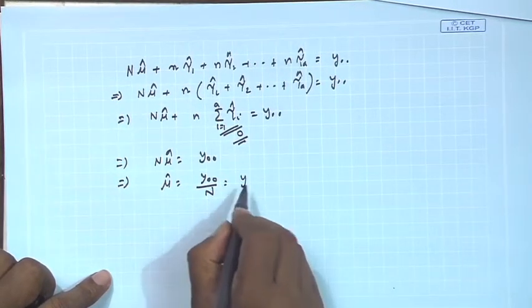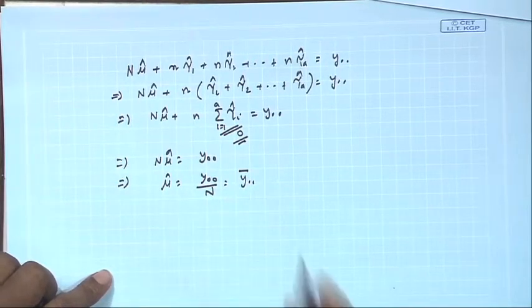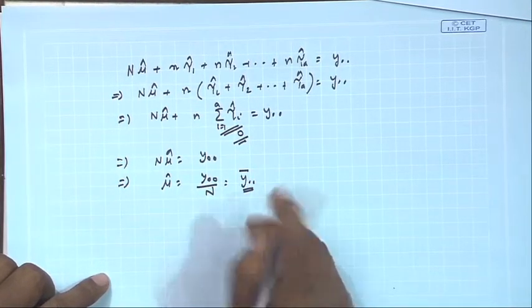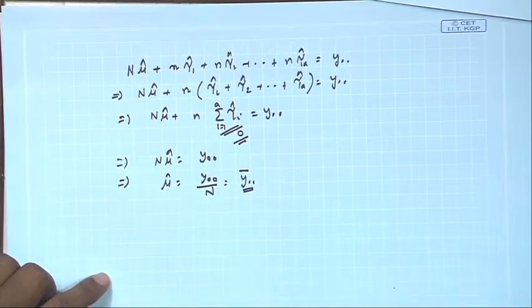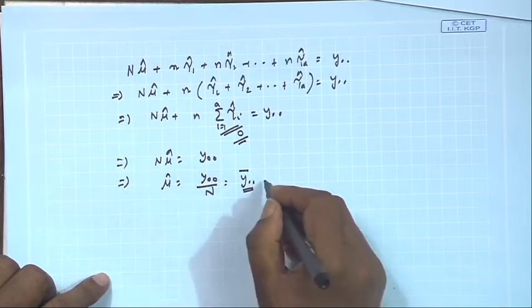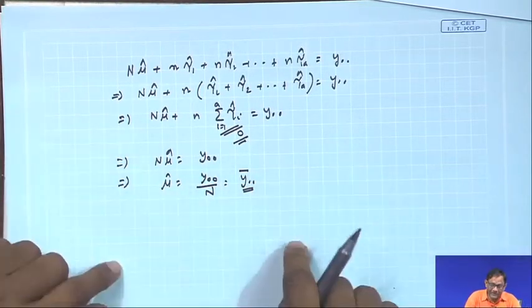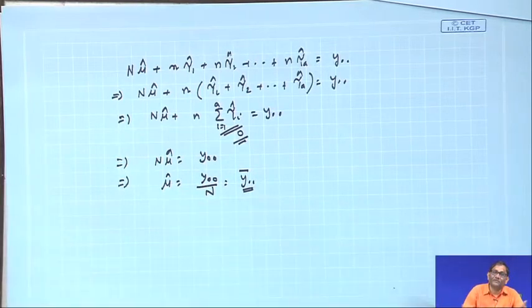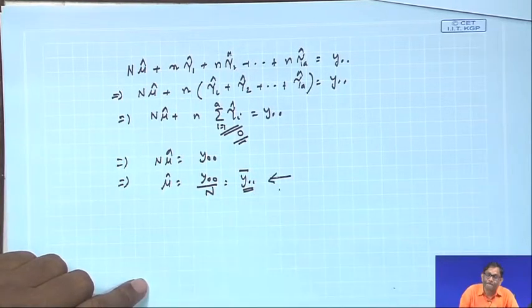This is nothing but y bar dot dot, and this is what we have done in ANOVA also. That is, the grand total average. This is from the average formula, the sum of all observations divided by the total number of observations. So this is fantastic.